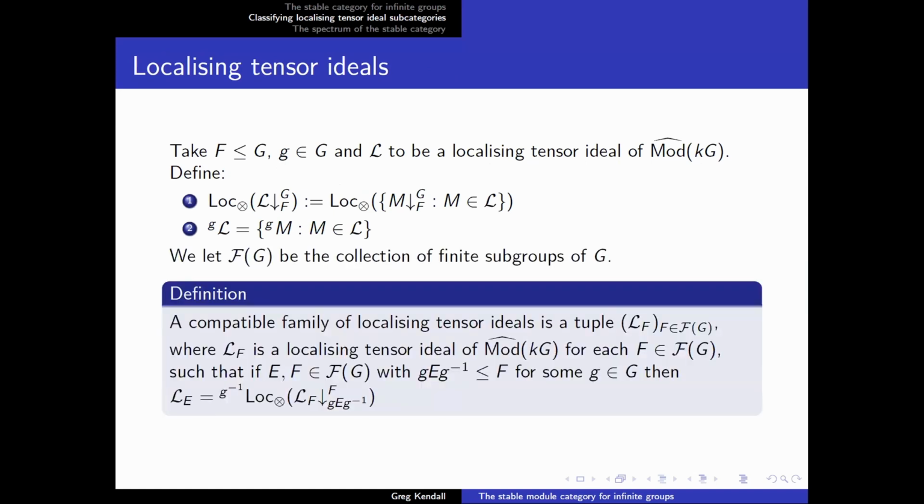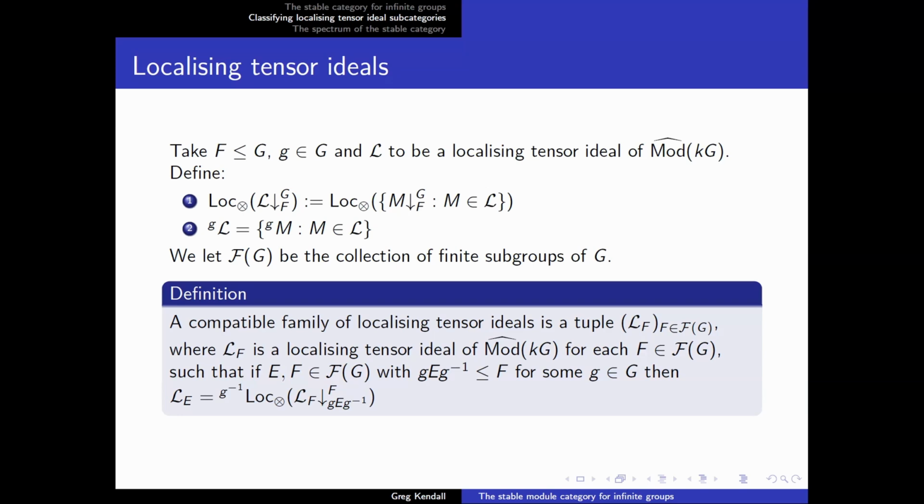So the idea here is we can take a localizing ideal for our group G and we can restrict it to a finite subgroup. But now this won't be a triangulated subcategory, so we have to look at the localizing ideal generated by all these restrictions. If we do this to every finite subgroup, then we get compatibility relations. If we have an inclusion between two finite subgroups, and we restrict to one and then the smaller one, we may as well have just restricted to the smaller one; we're going to get the same thing.